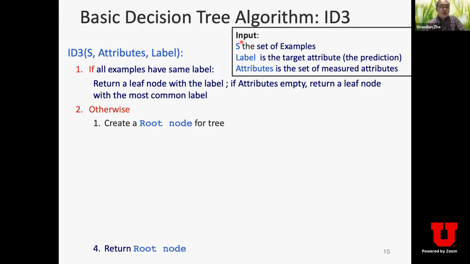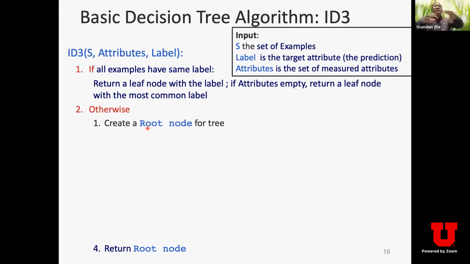First, we're going to create a root node for the tree. This root node corresponds to S. Remember, in the decision tree definition, each tree node is associated with a subset of examples. If this is our very first call of ID3, meaning that S corresponds to the whole data set, then this root node is the global root node of this tree.